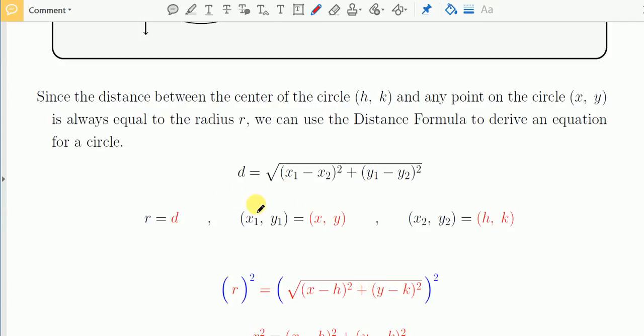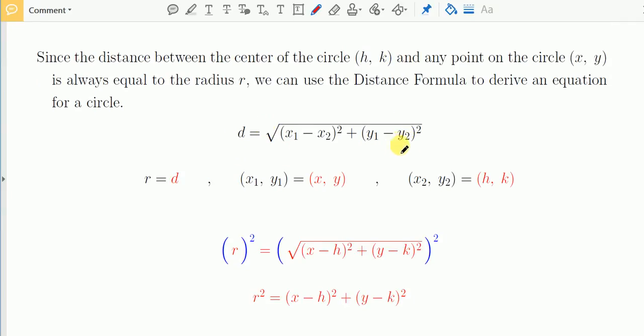Now, if I let r be the distance of the two points and square both sides, r becomes r squared, and the square root is gone, so you have (x minus h) squared plus (y minus k) squared.